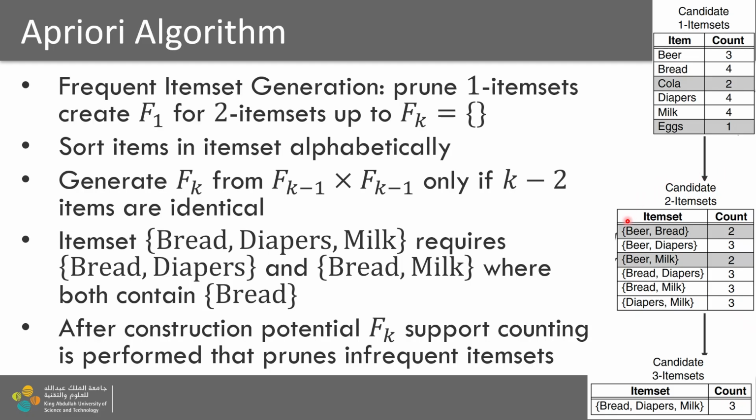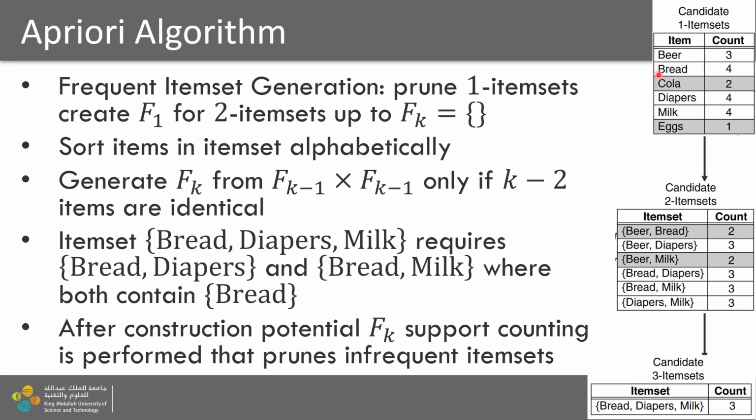Therefore, in the second item set representation, the 2 item sets will consist of the combinations of those which survived. So beer bread, beer diapers, beer milk, bread diapers, bread milk. And we will be constructing these in a systematic way.